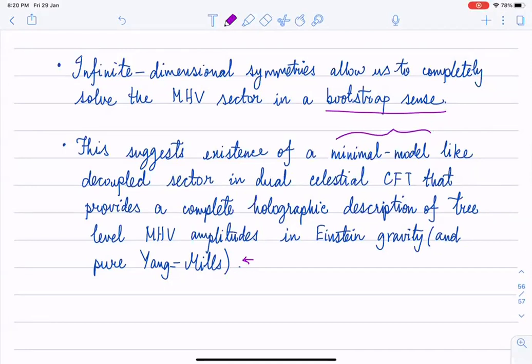It holographically solves for you the set of MHV scattering amplitudes in Einstein gravity and in Podolsky angles theory.